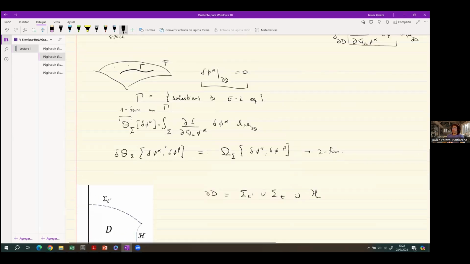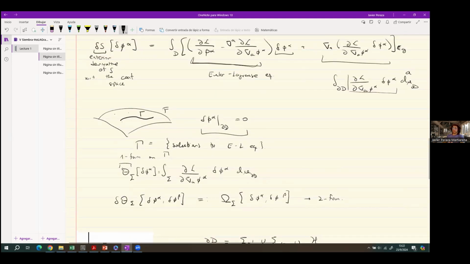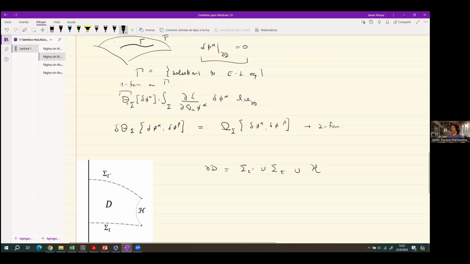So if we want to compute the symplectic potential on solution space, we have that delta S, so the exterior derivative of S evaluated at some tangent vector, will be the symplectic potential at T prime plus the symplectic potential at T plus the symplectic potential at H. Okay, each one of these evaluated at this vector.